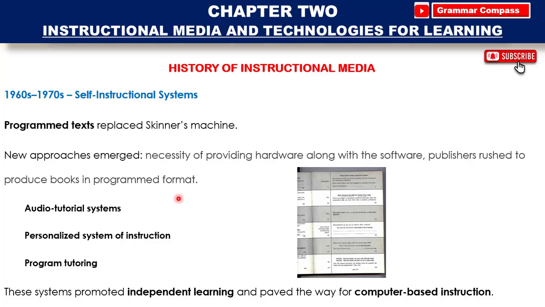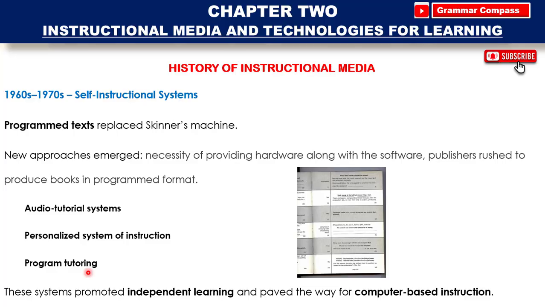So during this era, new instructional tools emerged. One was the audio tutorial systems. These allowed students to listen to pre-recorded lessons at their own pace. Also, there was the personalized system of instruction, PSI. This model gave students the chance to progress at their own speed, mastering one concept before moving to the next. And the next was program tutoring.